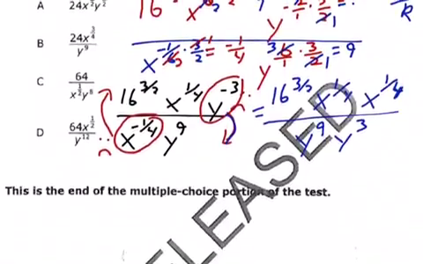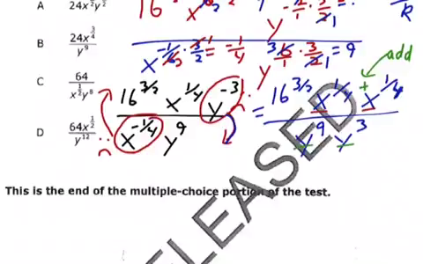And now at this point, I have some like terms here. In other words, like bases. So x's and x's, I have y's and y's. So I'm going to start with that first. If you're multiplying numbers with the same base, the rule is you add the exponents. So x to the 1/4 times x to the 1/4 is really x to the 1/4 plus 1/4.